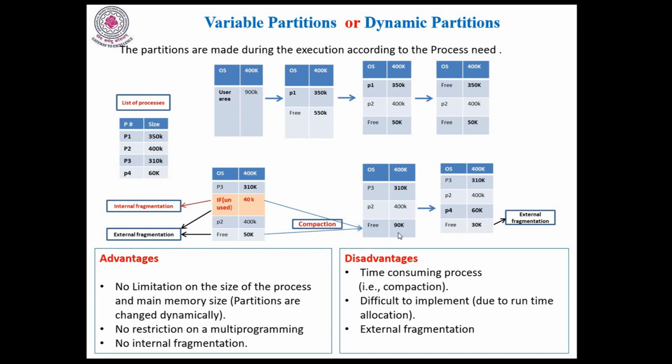Once I test with this available memory, sufficient memory is available. Now I can load P4 into this partition. Still a certain amount of memory will be wasted. This wastage of memory is called external fragmentation. So here there is no internal fragmentation, but there is external fragmentation.